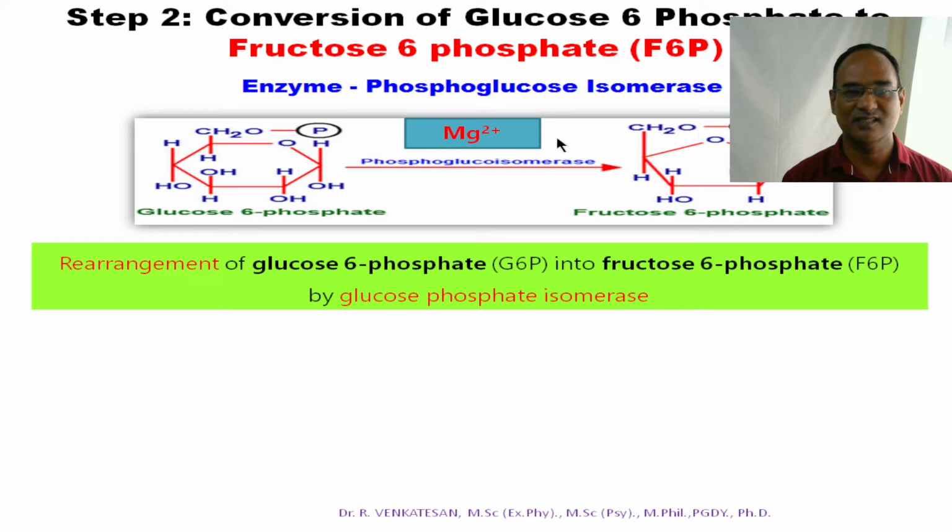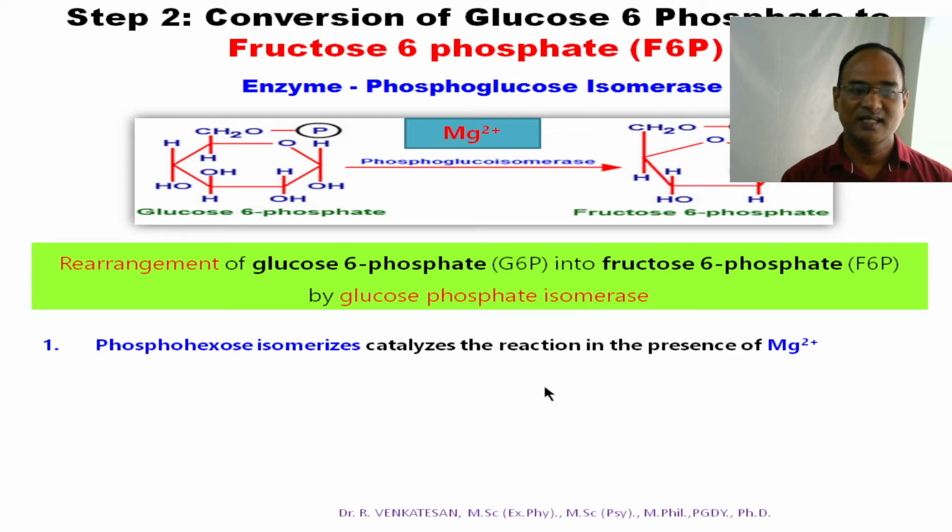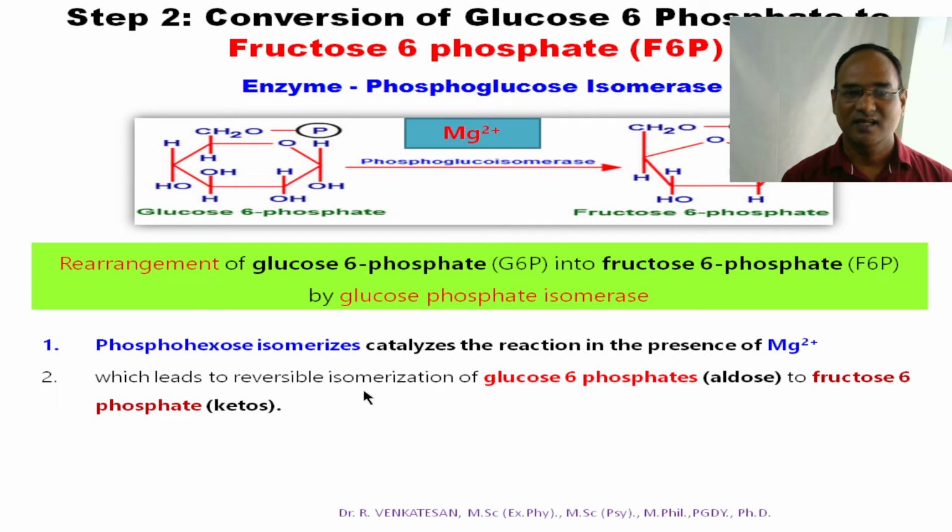In this stage also we need magnesium's contribution. Then only is the conversion of glucose 6-phosphate into fructose 6-phosphate possible. The hexose isomerase catalyzed reaction with Mg is what makes changing the C1 C2 position possible, and the aldose is converted into the ketose group, as I already said.